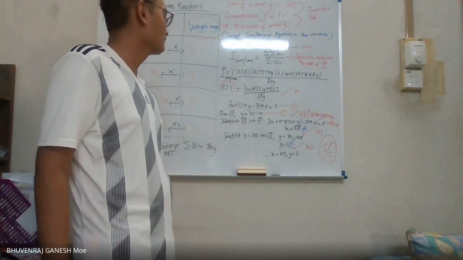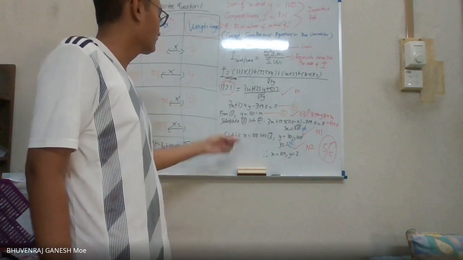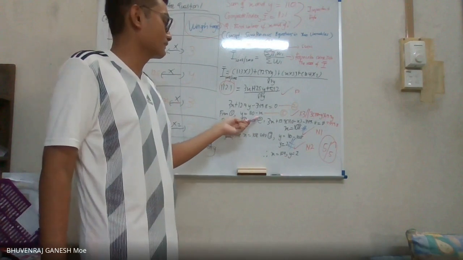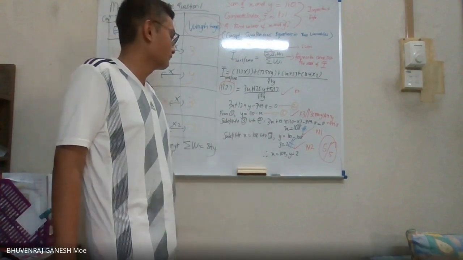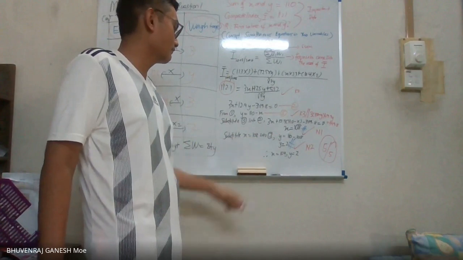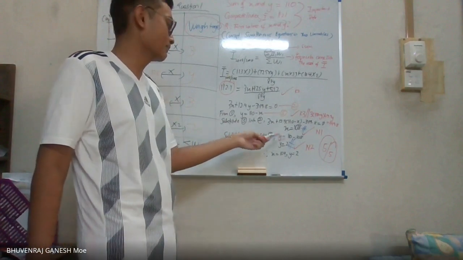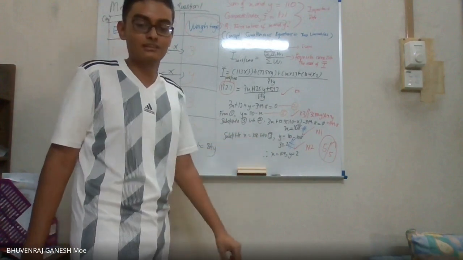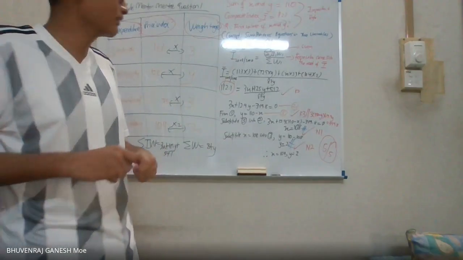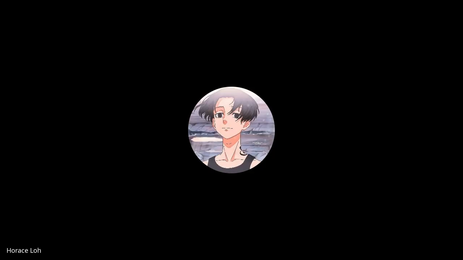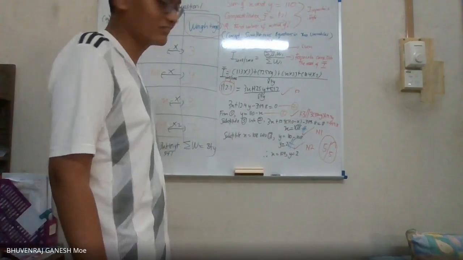Don't skip this part. The third mark is for this, which we put in the fourth mark to get the final answer, and then another substitution to get the other answer. That is basically that question, 5 marks. Any questions? No question. Clear? Okay.